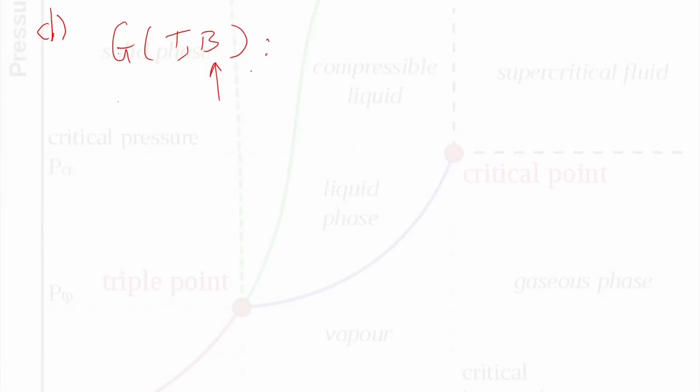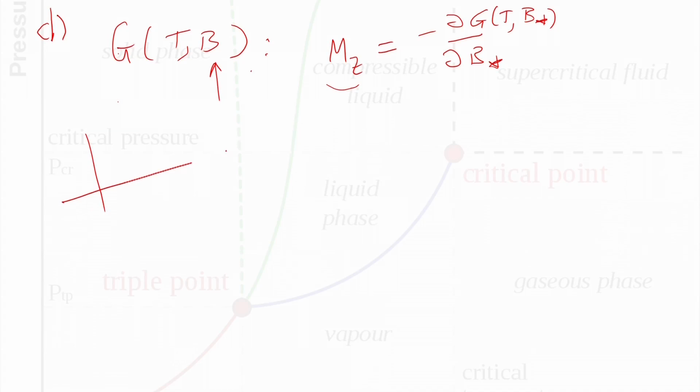So let's do the Legendre transformation, and it's done in the following way. Imagine that I focus my attention on some particular value of magnetic field, and this is the definition of magnetization.